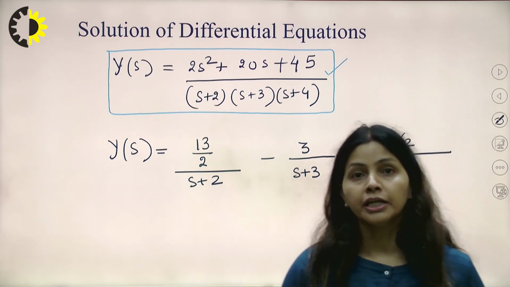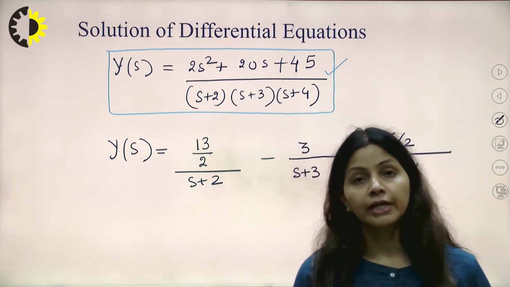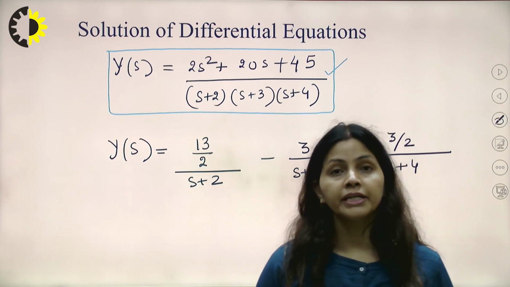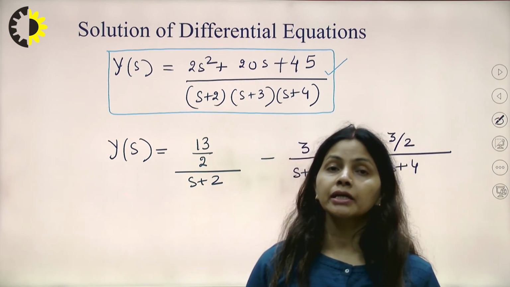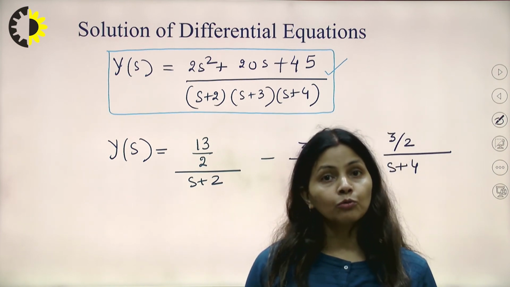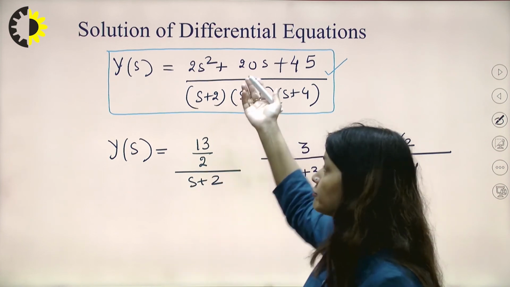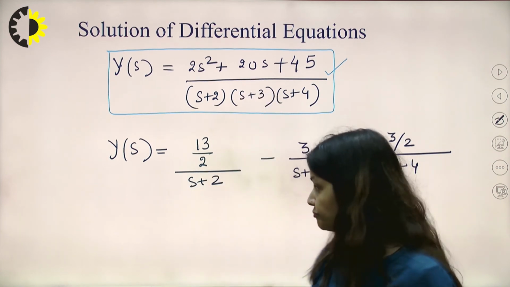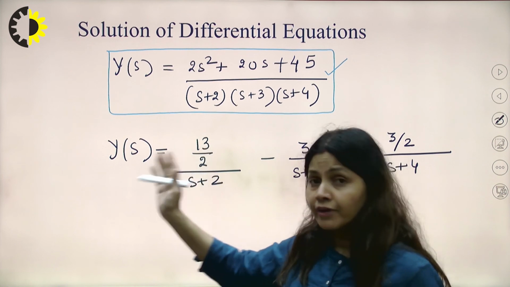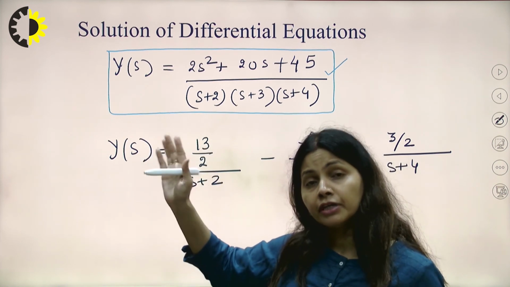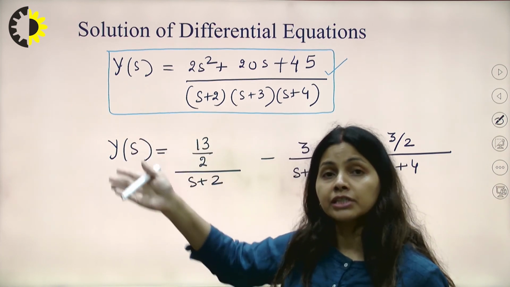Now we need to calculate the inverse Laplace transform. For taking the inverse Laplace transform, we convert this equation into a term-wise equation, so that we can easily take the inverse Laplace transform.